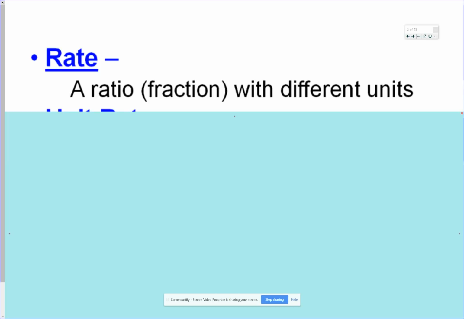A rate is a ratio, which means fraction, or basically it just means that you've got two numbers that you're comparing to each other. A rate means there are two numbers that have different units, like heartbeats per minute, or number of heartbeats every 15 seconds.